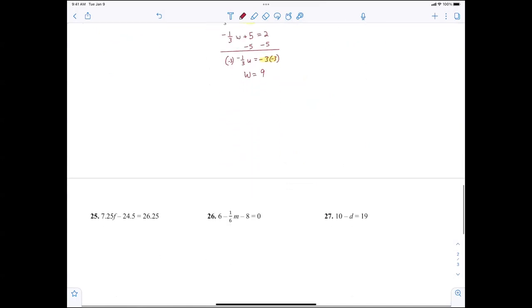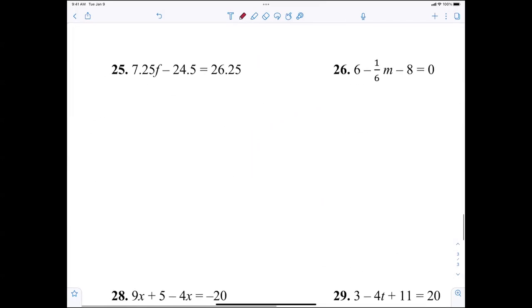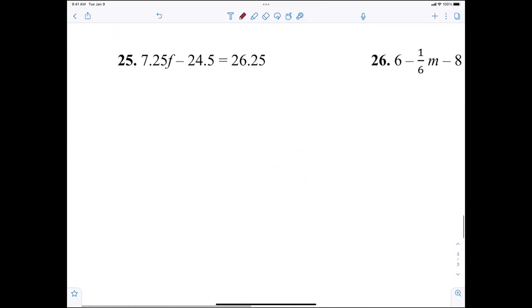Okay. Nora, you're supposed to not be using a calculator. You get help with 25. Tell me what to do. So it would be plus 24.5. Yes, adding 24.5. And then that would be 50.75.